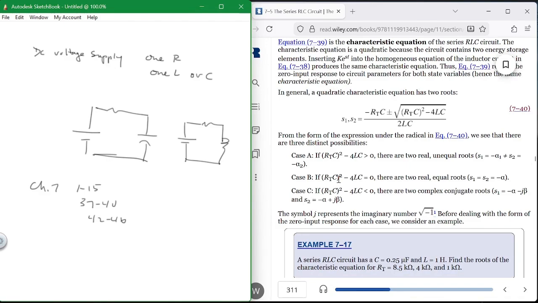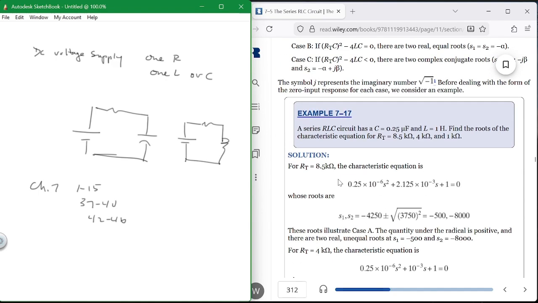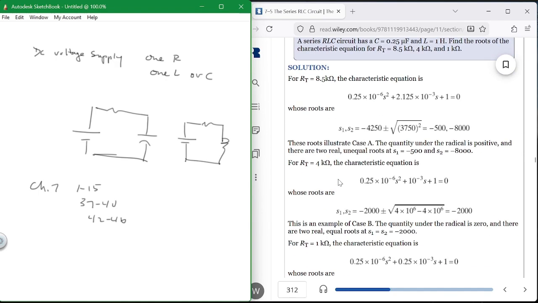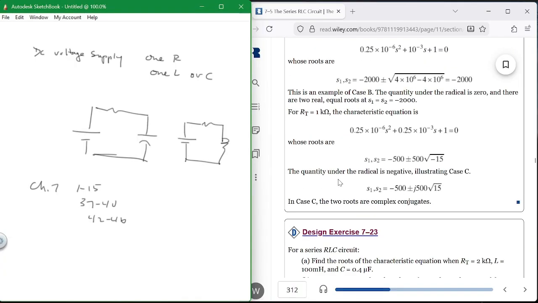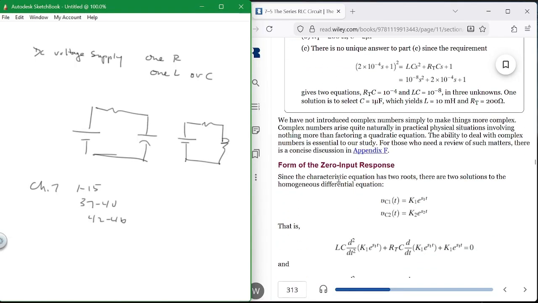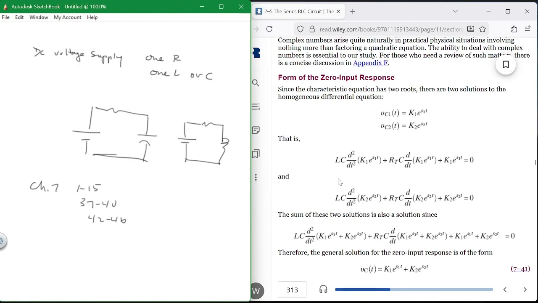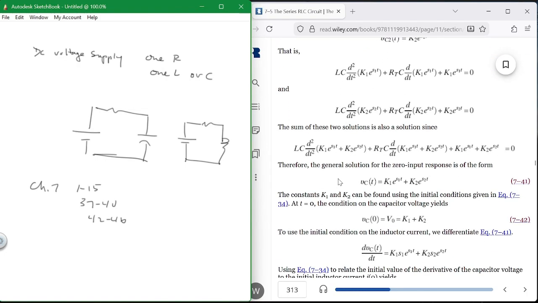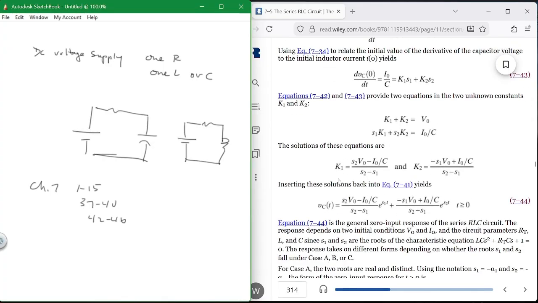This is the part that they do again in chapter 9. It's the same thing, except it's in a specific circuit. They pick this parallel circuit, and they pick the series circuit, and they solve it. But we're gonna do that again in chapter 9, and I don't think we have the time to go through that in detail here.